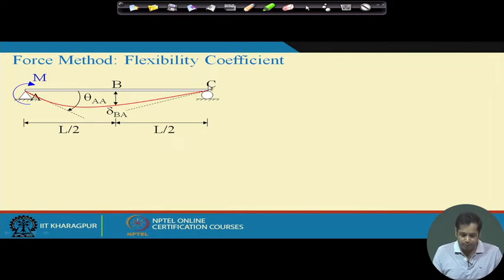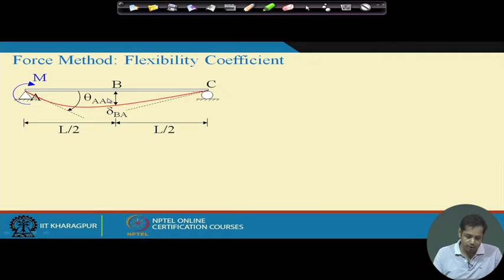Suppose a simply supported beam which is subjected to a concentrated moment at point A. And because of the moment, this is the deflected shape of the beam. The red line that you can see, that is the deflected shape of the beam. And B is the point at the mid span. So, this is L by 2, this is L by 2. Okay. Now, theta AA is the slope at point A and delta BA is the deflection at point B.